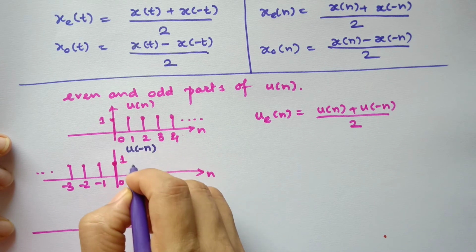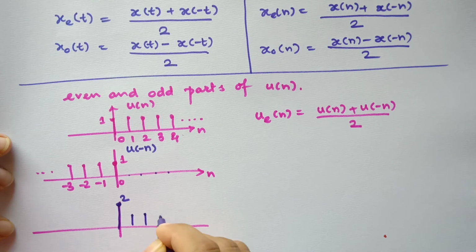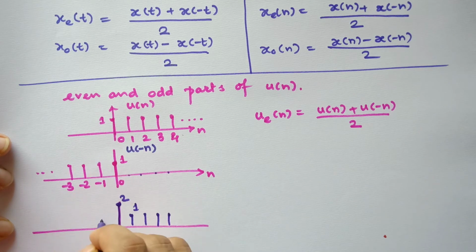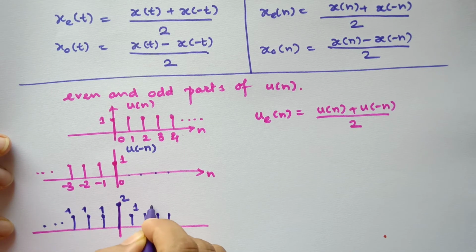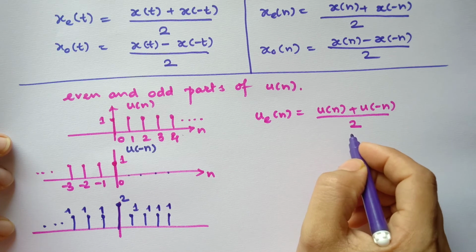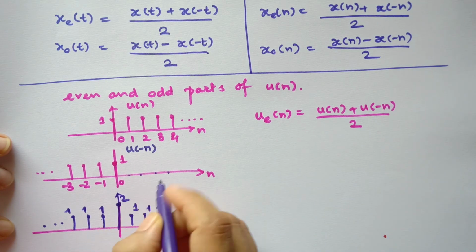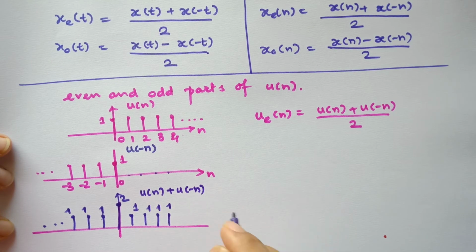At 1, 2, 3, 4 the samples are 0 from u of minus n, so here the samples are 1, and on the negative side also the samples are 1. Okay, so this signal is u of n plus u of minus n.